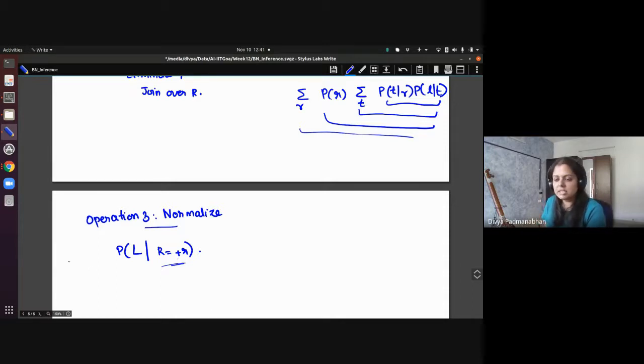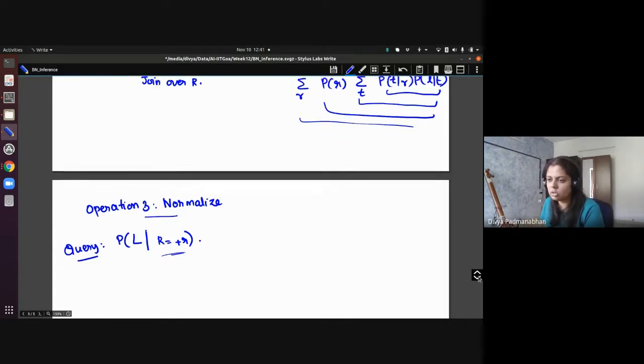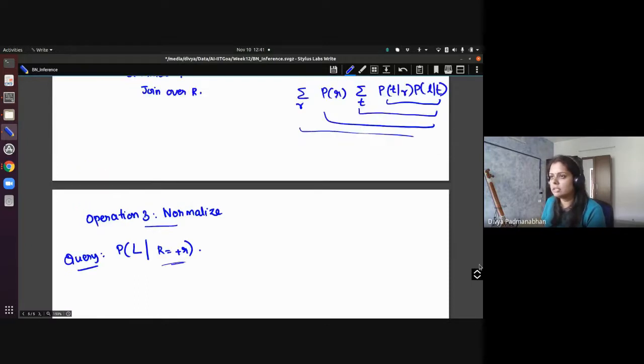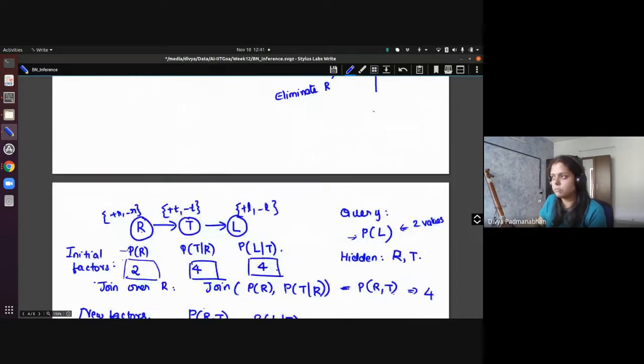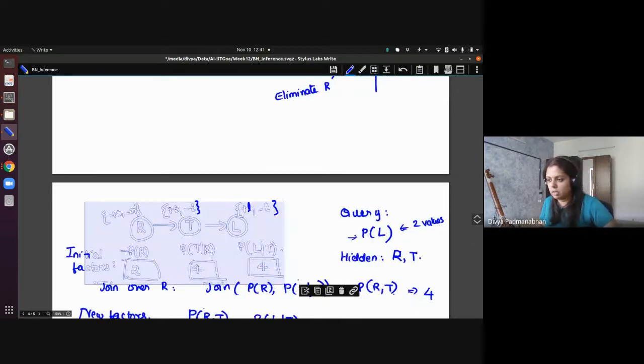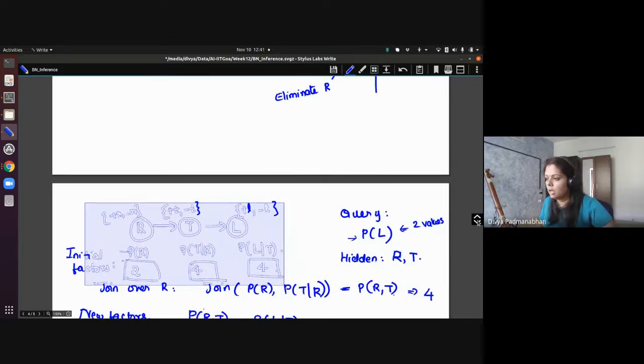If this was the query, the operations are the same, but the initial factors you take involve some smaller operations. Here it's again the same network.